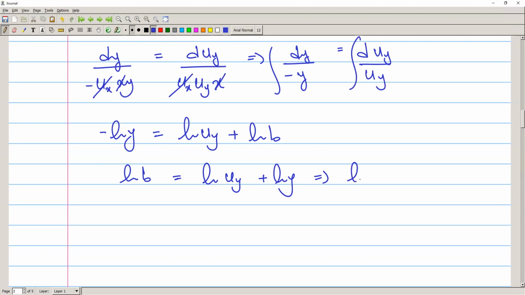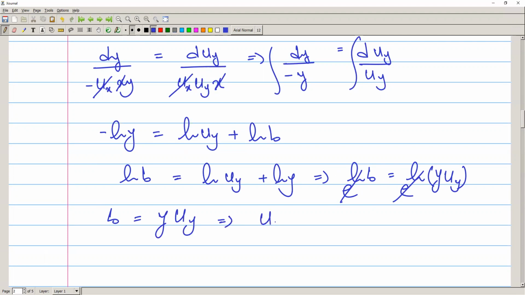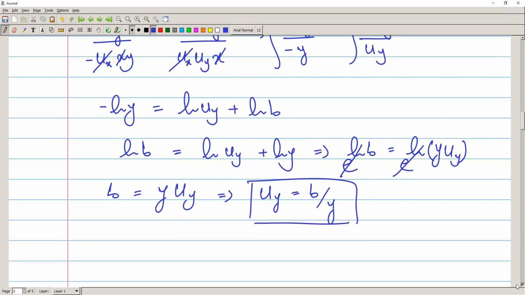Again we can write it, by the property of log, as y times uy. So we'll take the base e to cancel this log, so we're left with y uy is equal to b. This implies that uy is equal to b over y. So you see now we are approaching the solution.